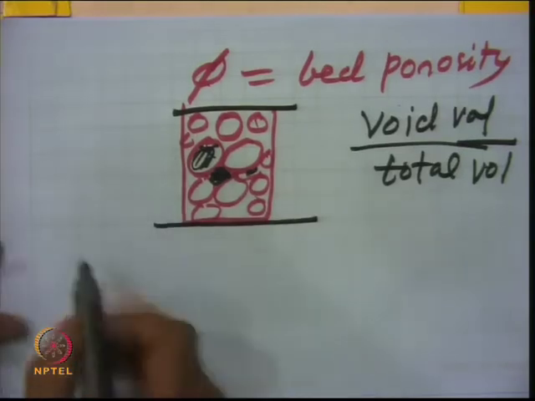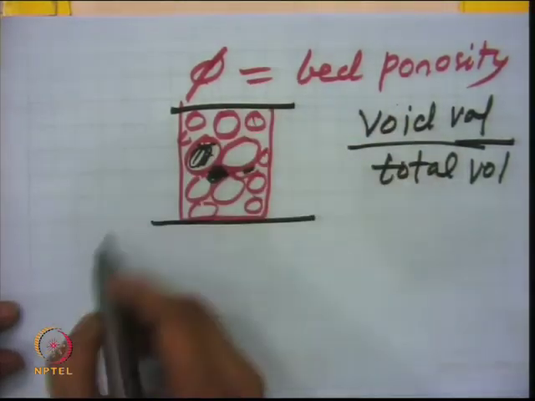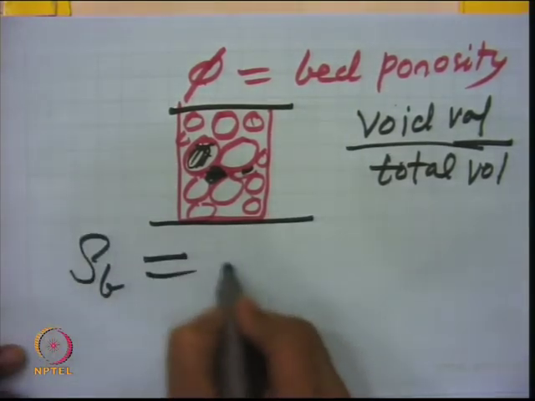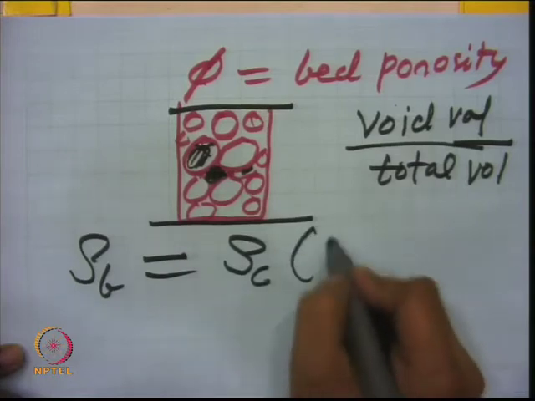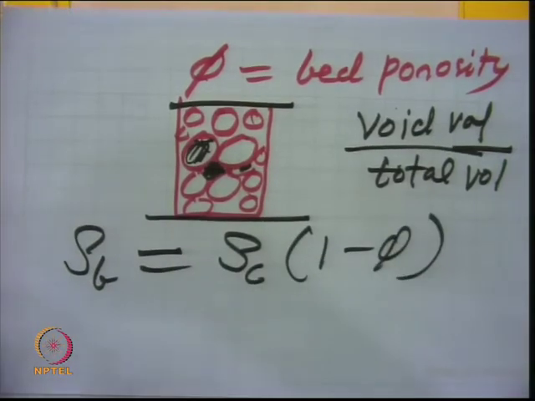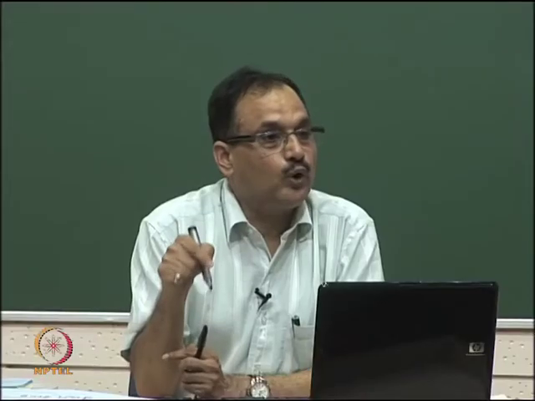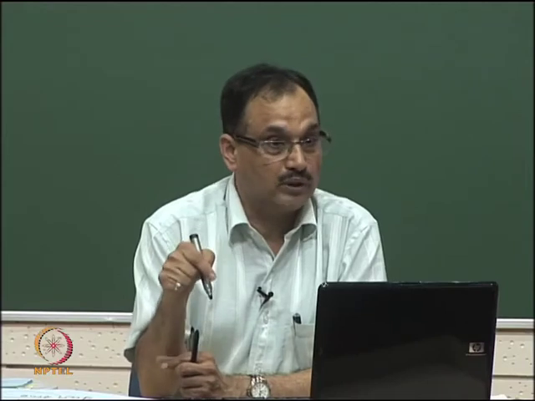So, basically I can write, if I define rho b, which is the density based on the bed, that is simply the catalyst density rho c times 1 minus phi, where rho c is the catalyst density, that is the mass of catalyst divided by volume of the catalyst, which is a powder now.